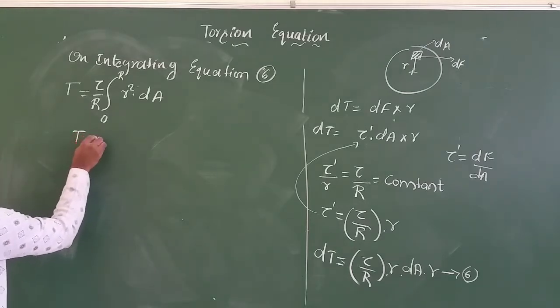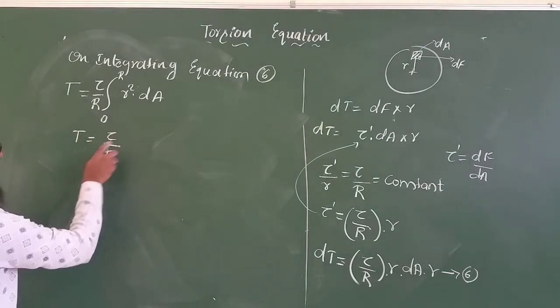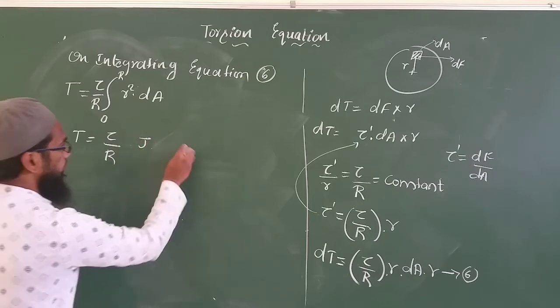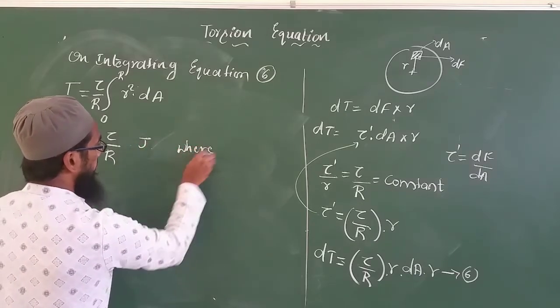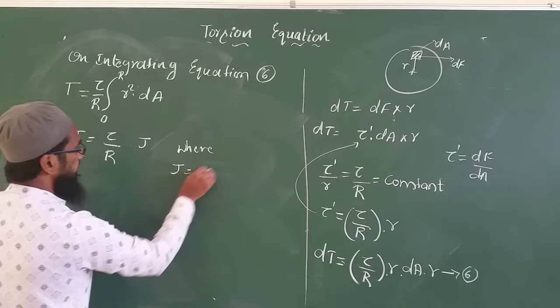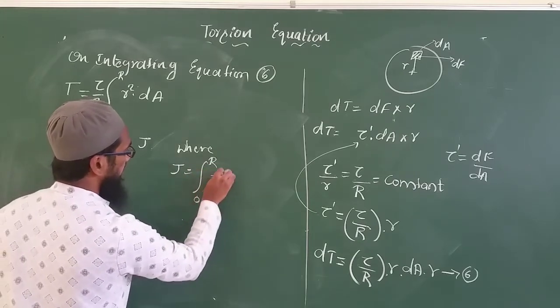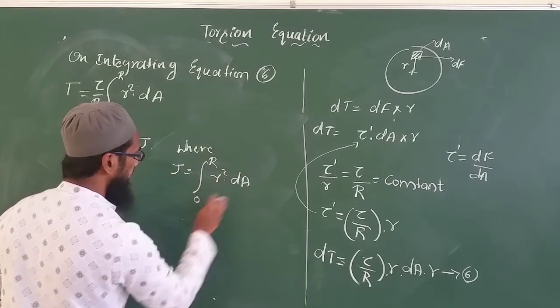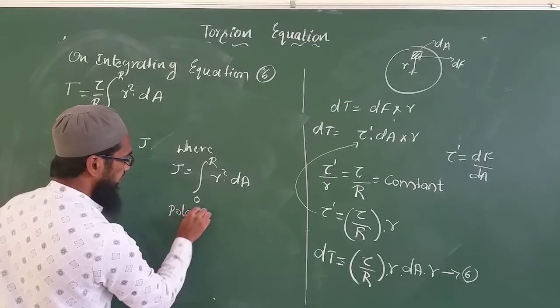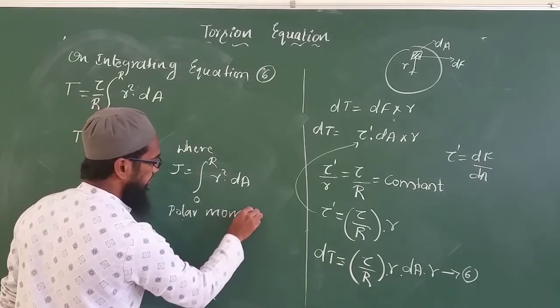So T is equal to tau by r into J, where J is equal to the integral from 0 to r of r square dA, that is our polar moment of inertia.